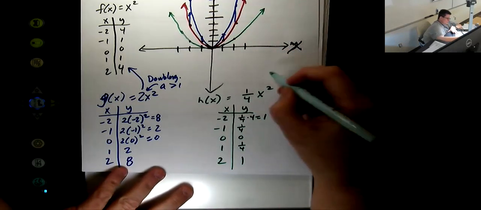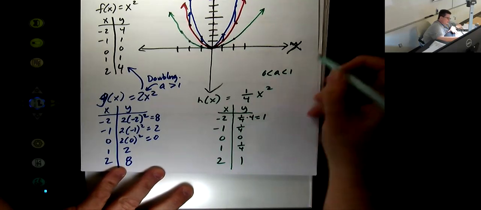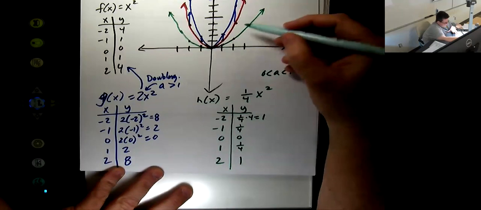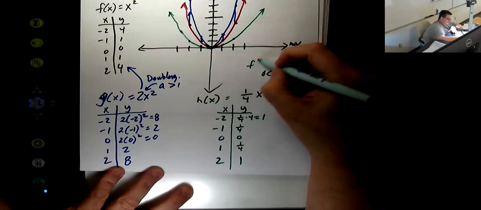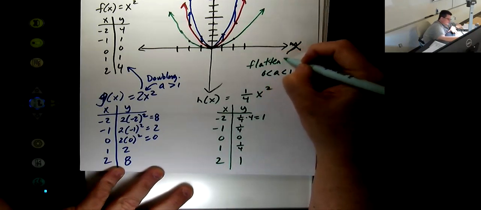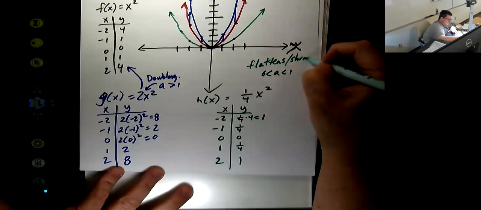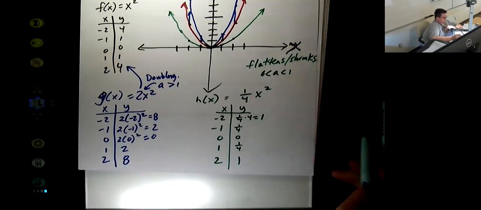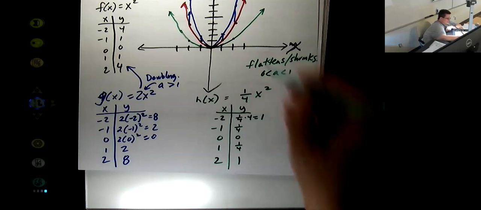So when that A value up front is between 0 and 1, it kind of flattens the graph out. Shrinks it. It's gone downward now.